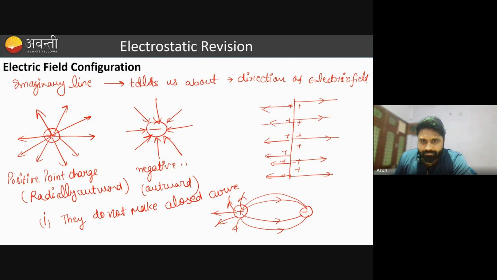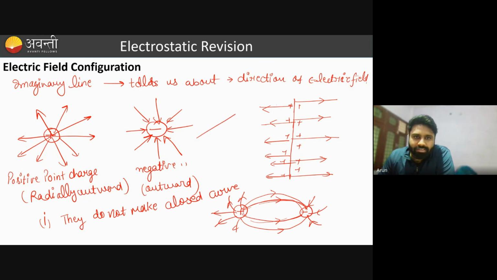And for the negative charge, it is radially inward. So you can see these are not making a closed curve. Here it is in the clockwise direction, but here it is anticlockwise, so they are restricted from being a closed curve. Got it? So they do not make a closed curve, and they do not cut themselves.